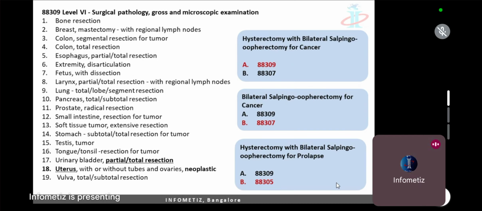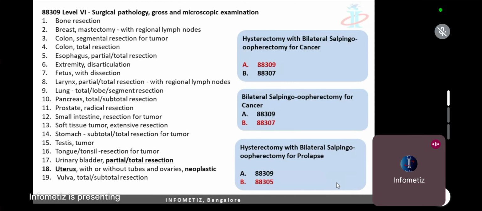Ovary with or without tube, neoplastic. Right? Ovaries with or without neoplastic. They're not talking about uterus there. So only ovaries for cancer is coming to 307, not 309, because in 309 we do not have the ovary part. Only ovary we don't have.